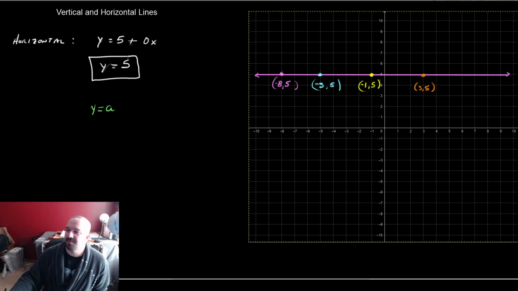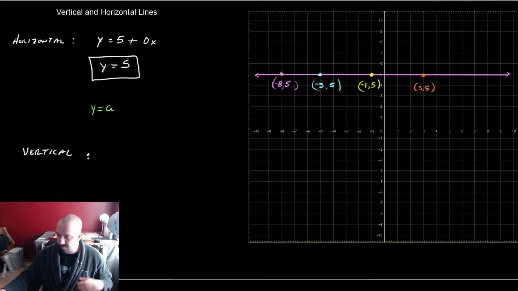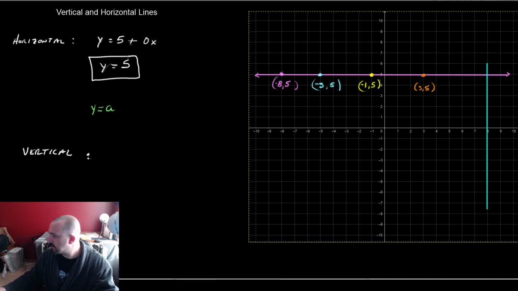Vertical lines. Vertical lines work the exact same way. Only, if you take a quick look at them, instead of y not changing, the x values don't change. So 8, 3, 8, 0 maybe, 8, -3.